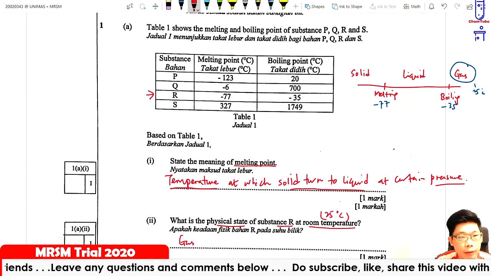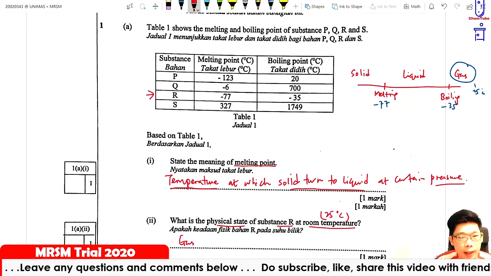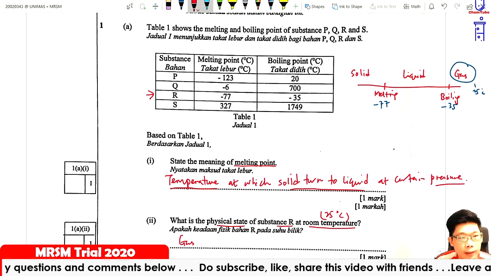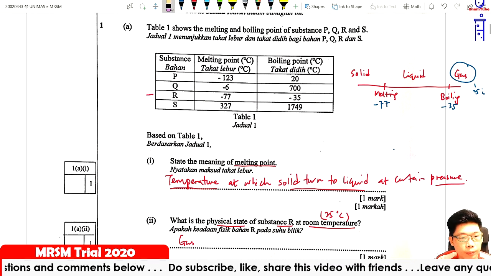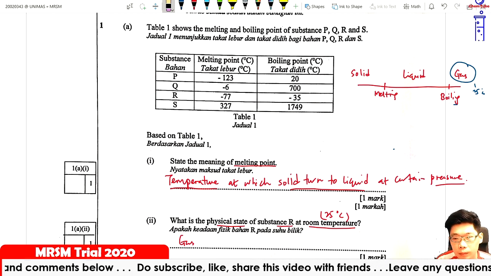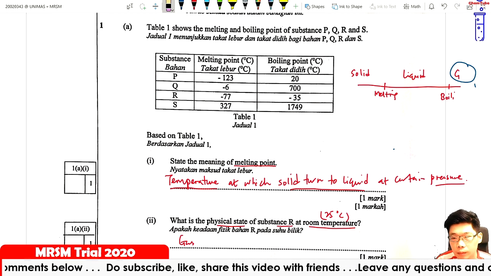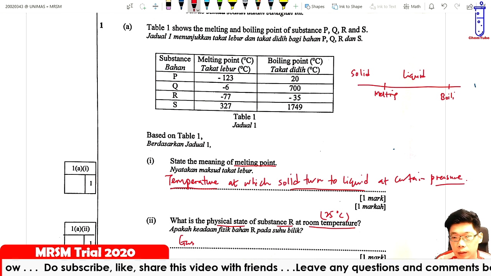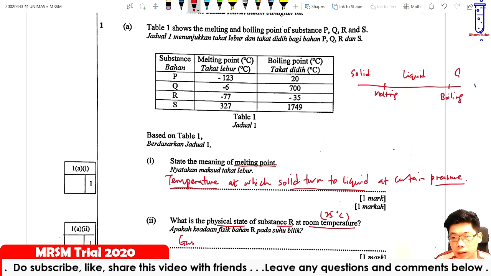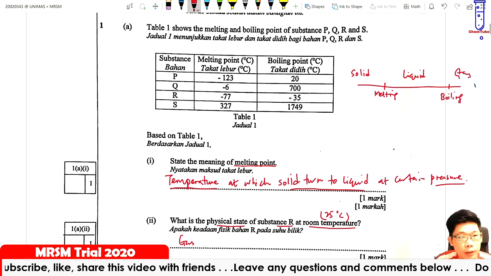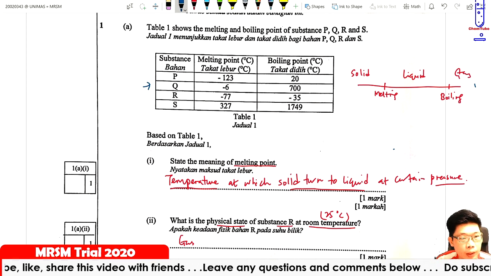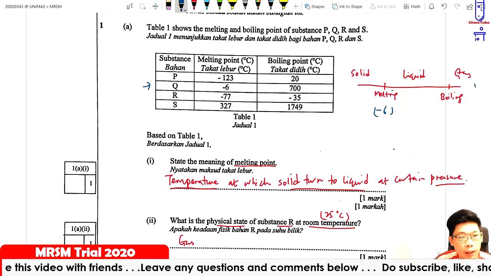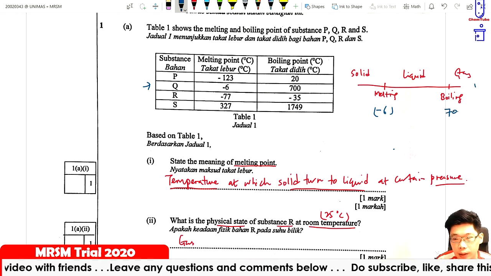So we can try with another substance. Let's try with Q. The melting point is negative 6, the boiling point is 700.